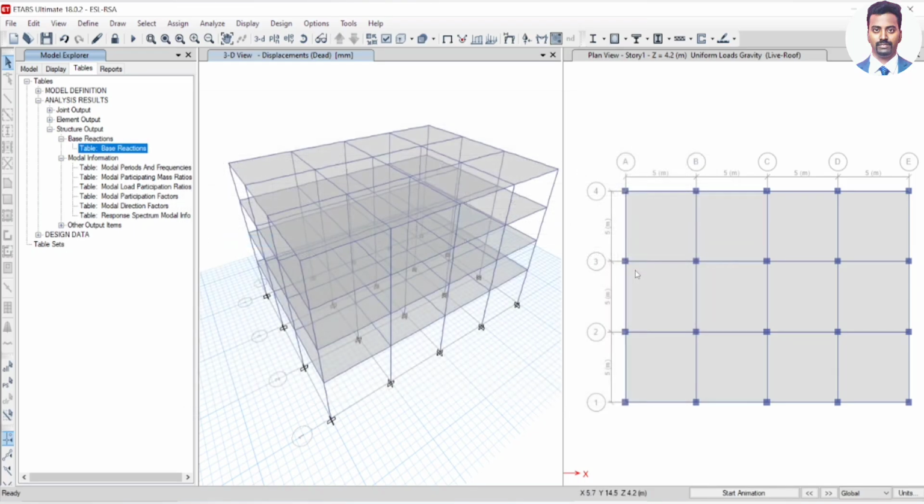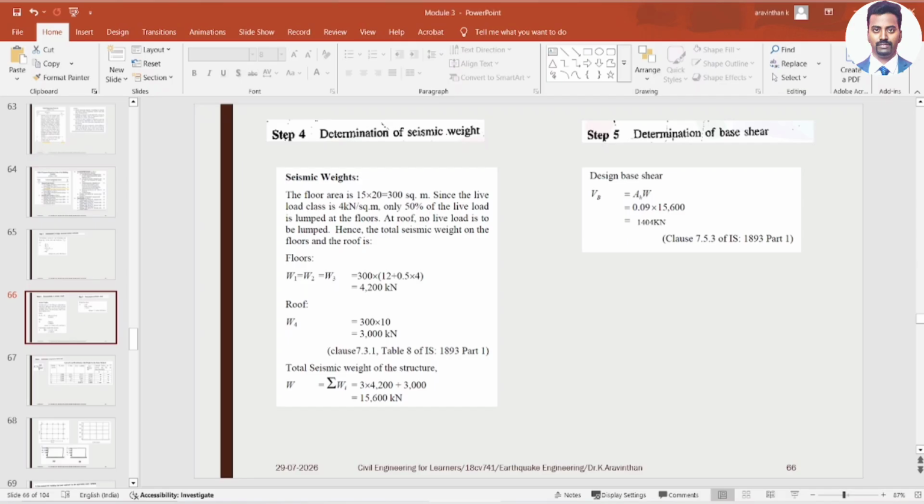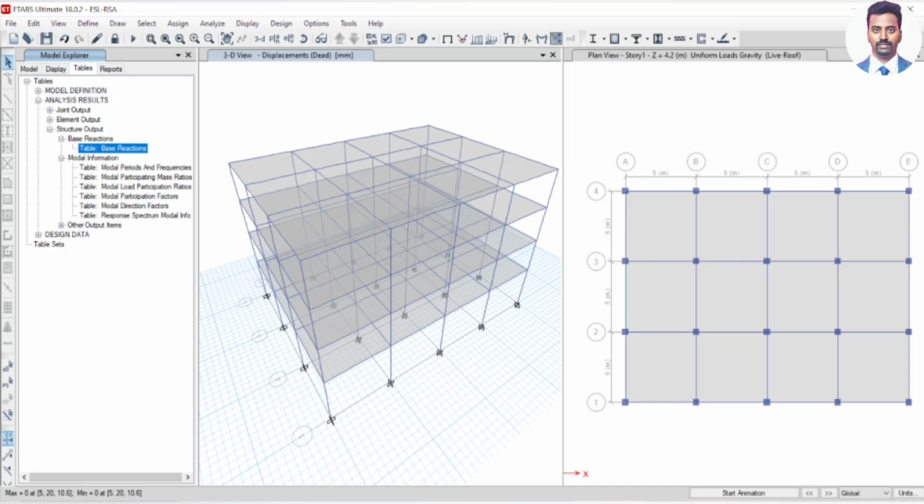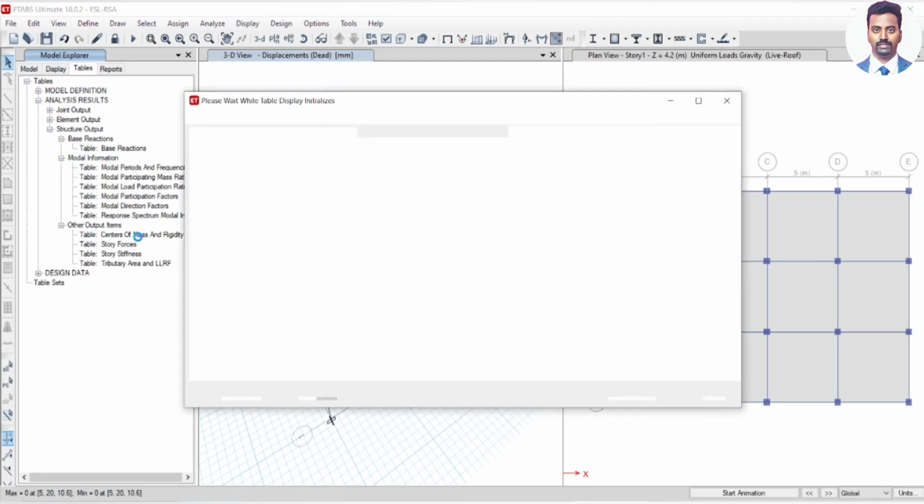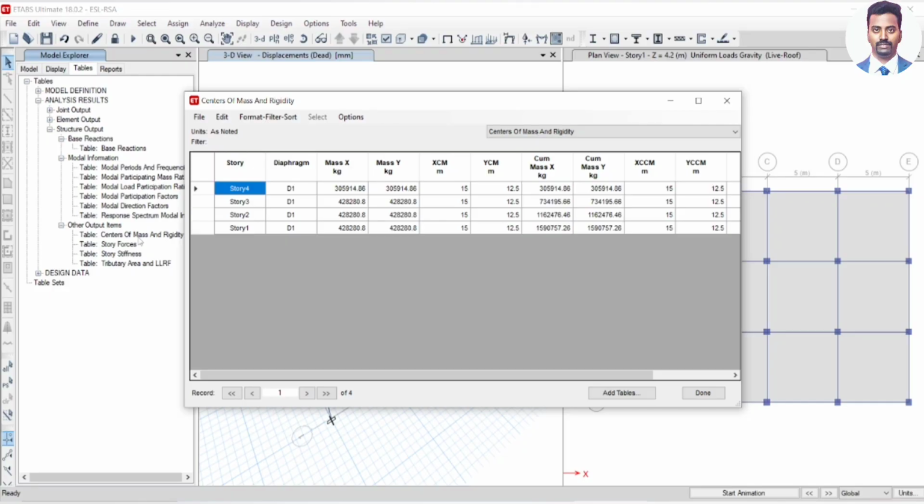Now, the total load is 15,600 kilonewton. So here you can see the center of mass. 4,200, 4,200 and 4,200.